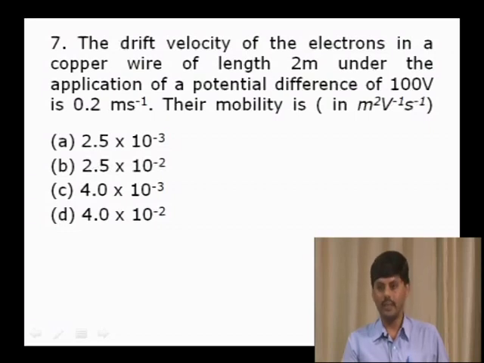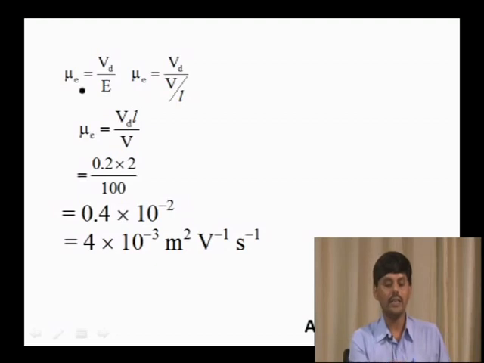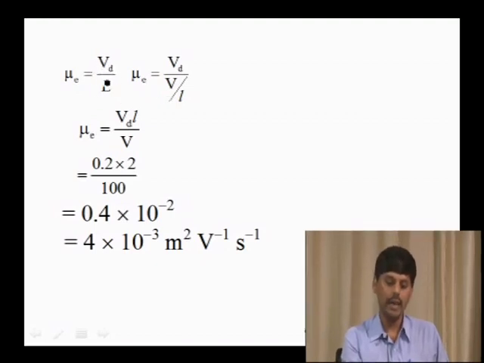The solution for this: we have a relation, mobility is drift velocity per unit electric field. This can be rearranged, the electric field can be written as V by L. So L is shifted up: mobility equals Vd into L divided by V. Vd is the drift velocity, L is the length, V is the voltage.